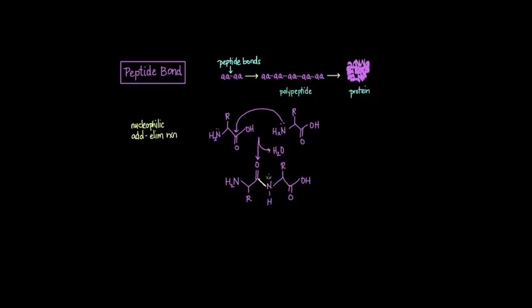Remember that there is a lone pair of electrons on this nitrogen that can move here, and then these electrons will move to this oxygen atom, which also has its own two lone pairs of electrons. And so it can also be represented like this. And we'll have the formation of a double bond here, and then an extra lone pair on the oxygen atom.